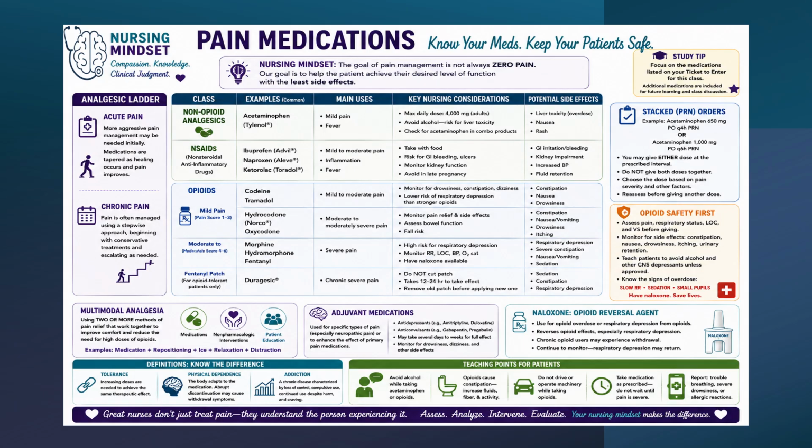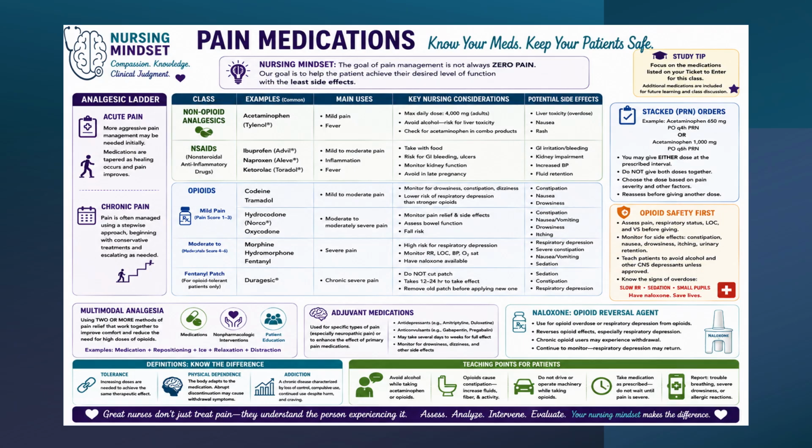One of the biggest nursing considerations is to monitor the total daily dose. Many combination medications already contain acetaminophen, so always check the medication label to prevent accidental overdose. Patients should also be instructed to avoid alcohol while taking acetaminophen because both can increase the risk of liver toxicity.